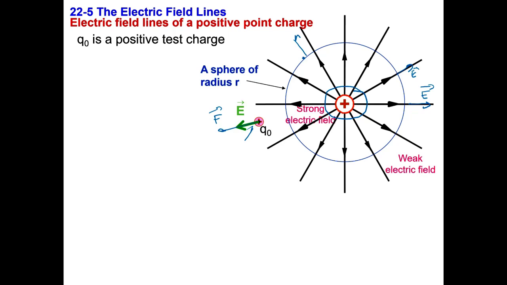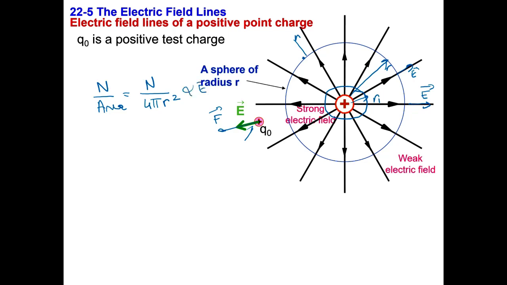Let's say this is R1, and let's assume this is R. You can see that the number of lines per unit area of the sphere is equal to n divided by 4 pi r squared.